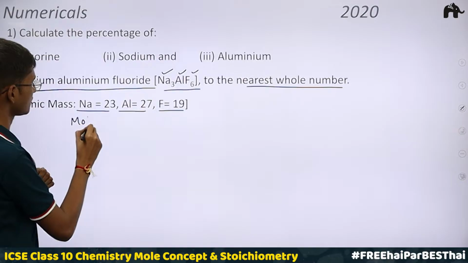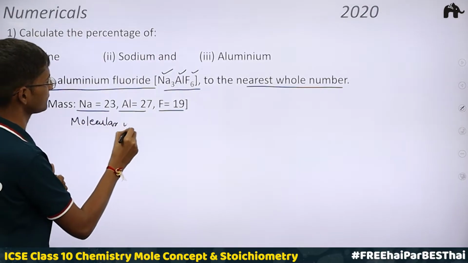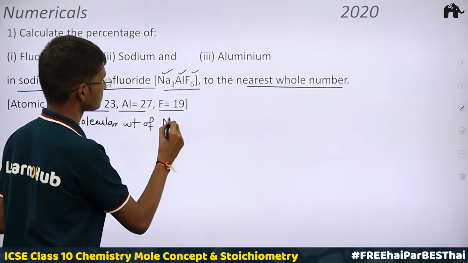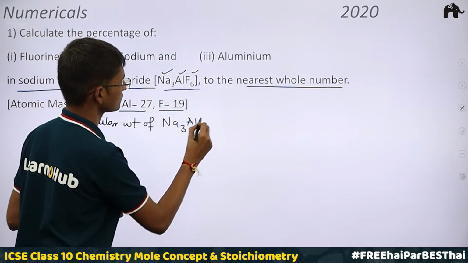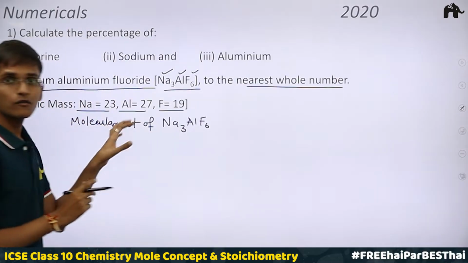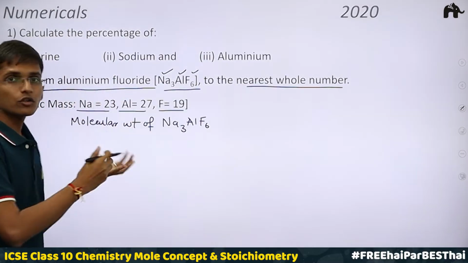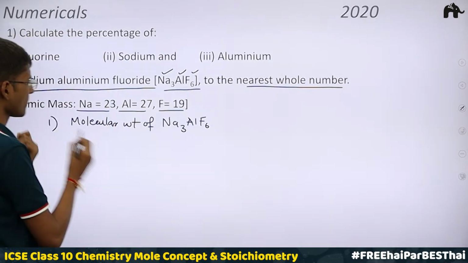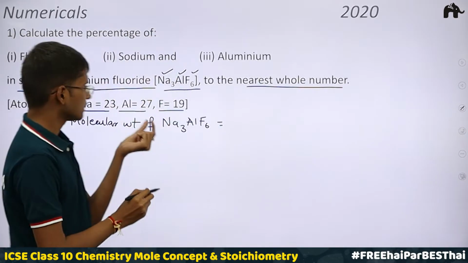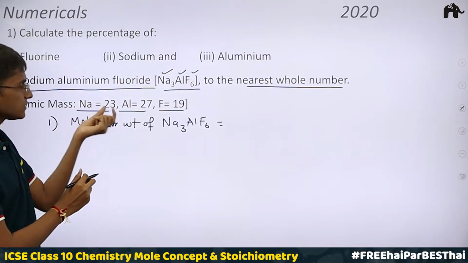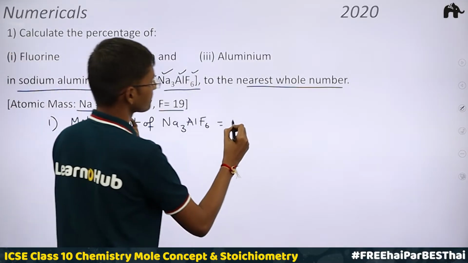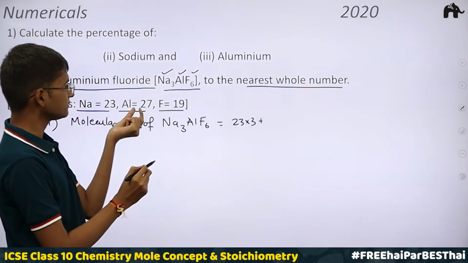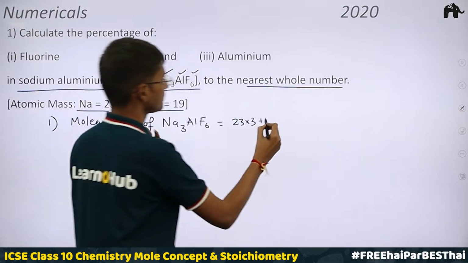So I would just start with the molecular weight of this compound, Na3AlF6. Those who have watched the previous video, I have explained how to find the molecular weight, so we would just quickly go through this. See, 3 sodium atoms, and we have been given the sodium atomic weight, so 23 into 3, then plus aluminium, it's 1 aluminium atom, so 27.